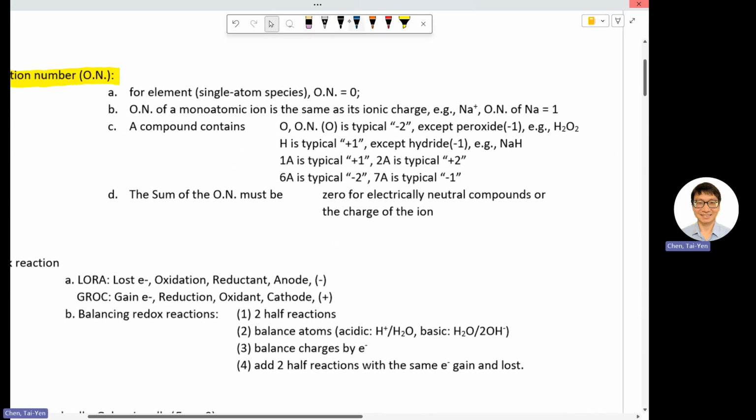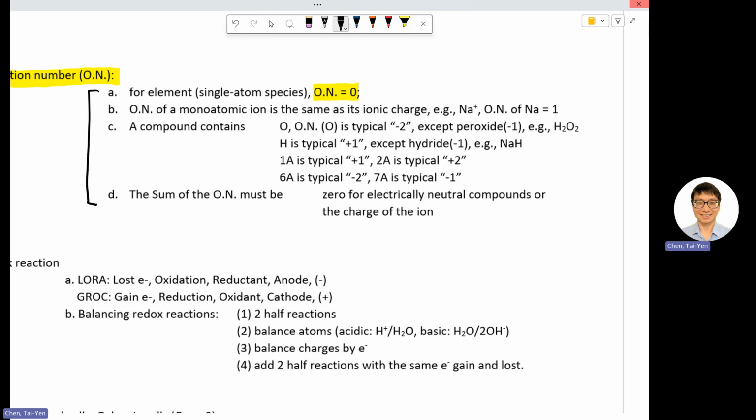Okay, so here I summarize a few rules that will help you to understand and estimate the oxidation number of a specific atom. Rule number one: if you have only a single atom species, then its default oxidation number will simply equal 0.